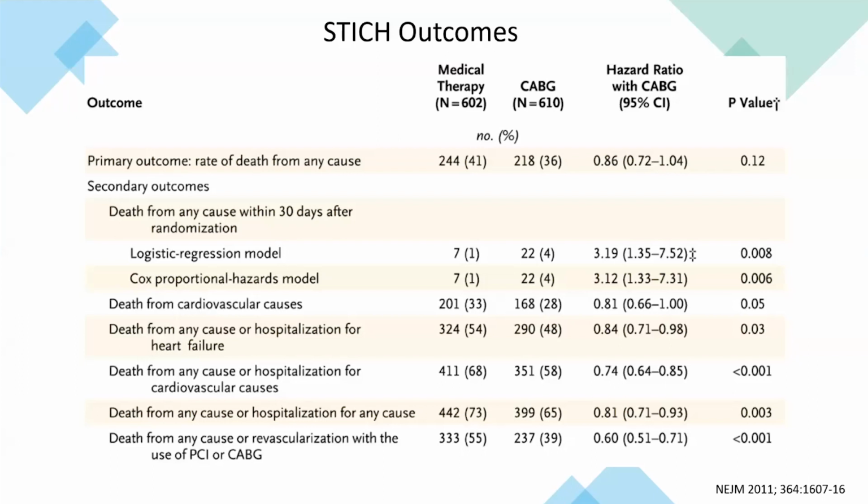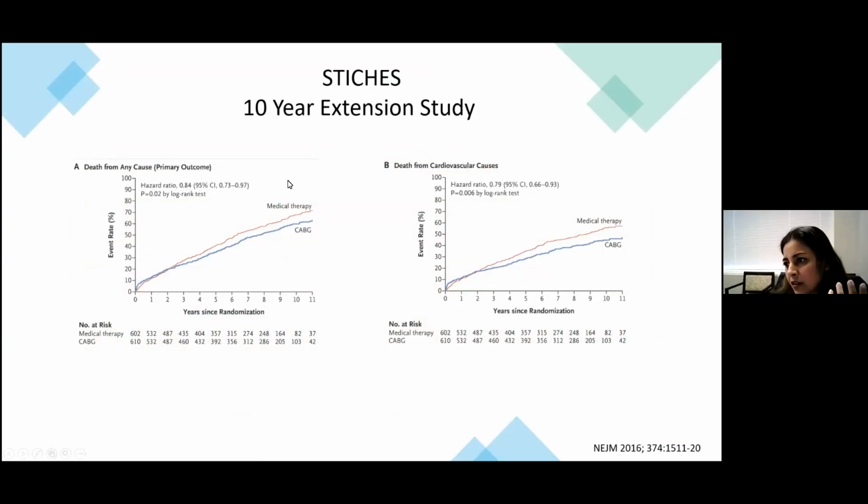But if you go down here to the secondary outcomes, death from any cause, heart failure, cardiovascular causes, there was a signal that CABG with medical therapy was probably more significant, and hence they led to a 10-year extension study to see this effect in more detail. So death from any cause, the primary outcome, and death from cardiovascular causes: you can see that the CABG cohort clearly had a survival advantage over medical therapy alone.